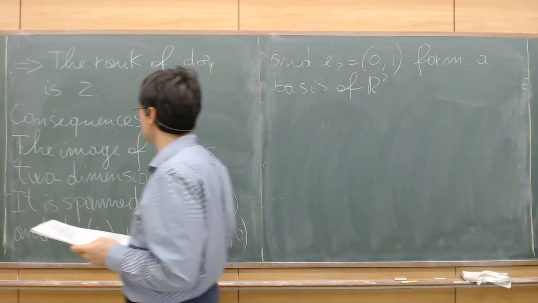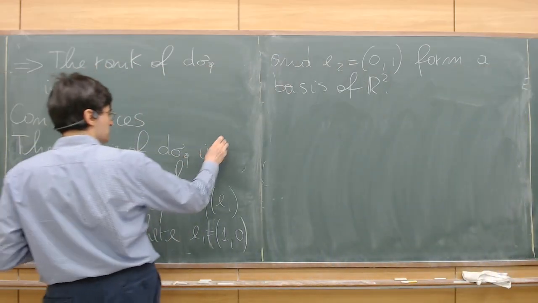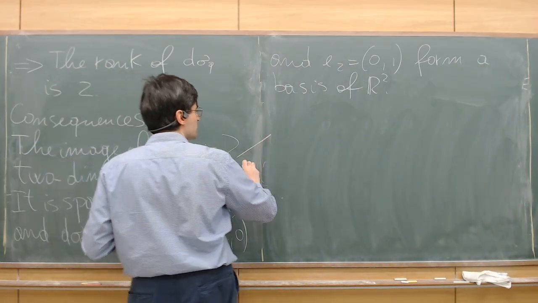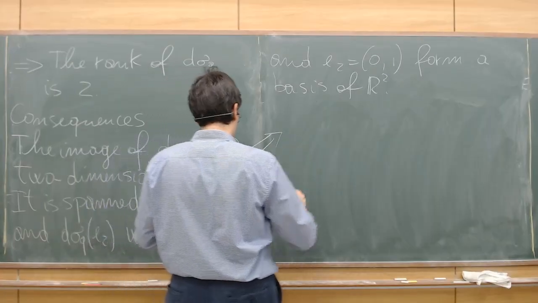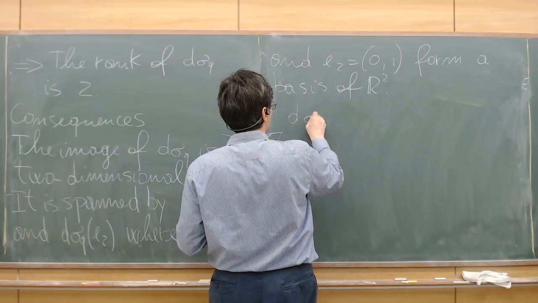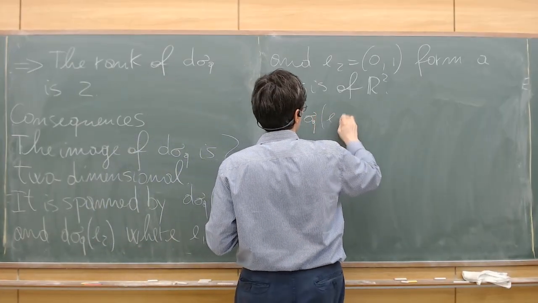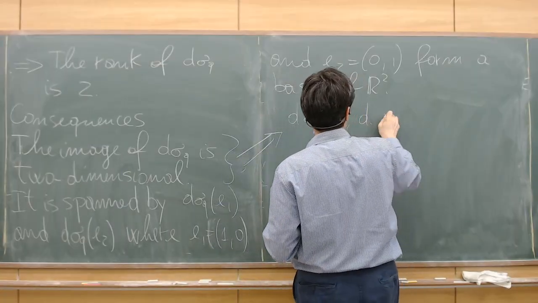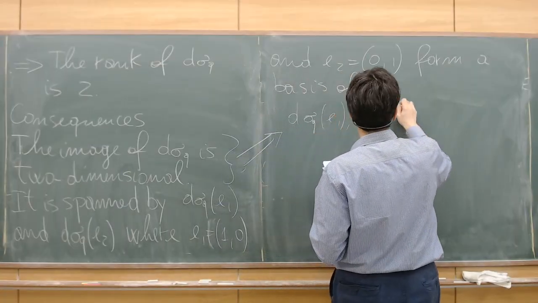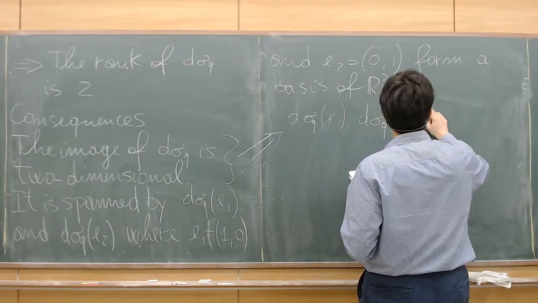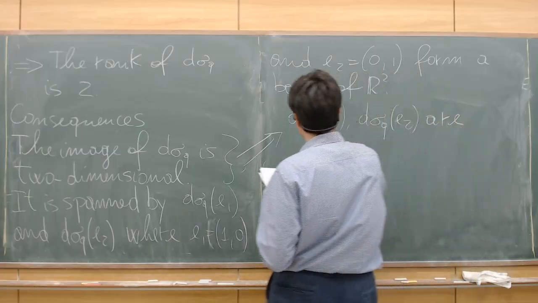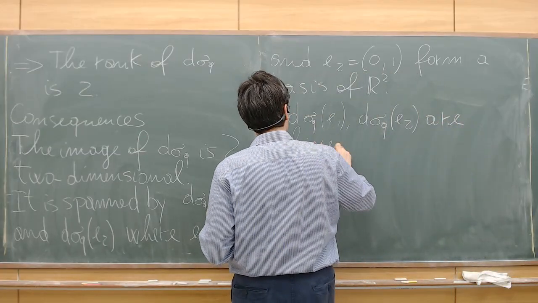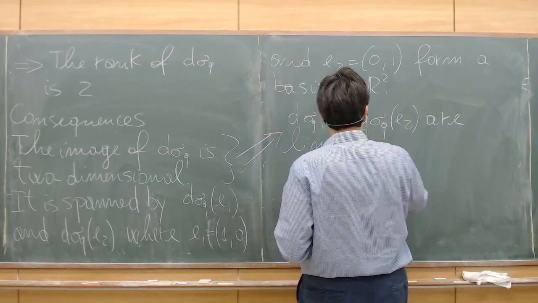This sentence means d sigma q e1 and d sigma q e2 are linearly independent.